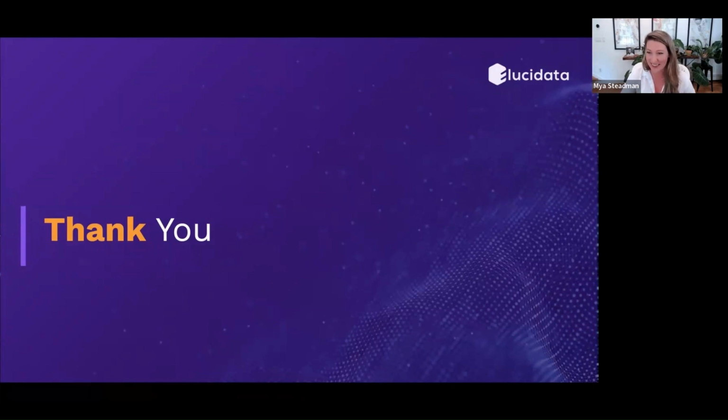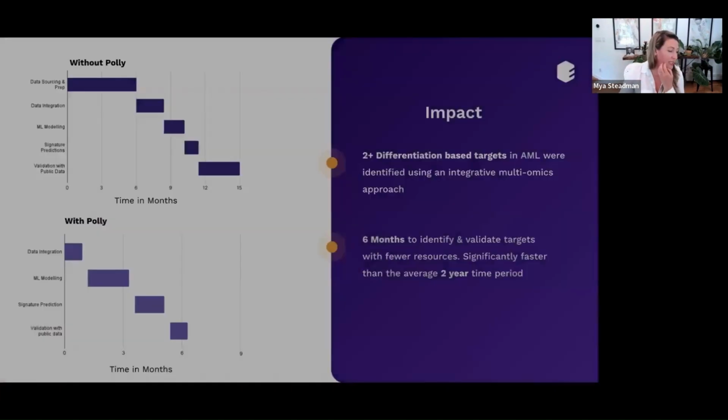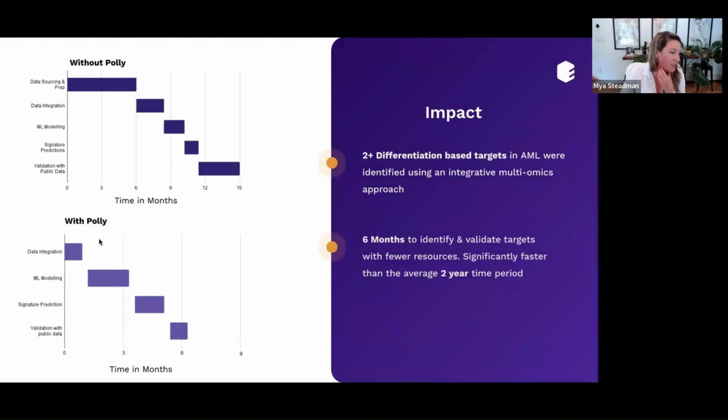Oh, let's see, we did get one question. That's a great question. The machine learning part takes longer without Poly because, if I jump back to that Gantt chart, when you're working with the non-Poly data, the model's accuracy is going to be worse when the data you're feeding it isn't as clean.